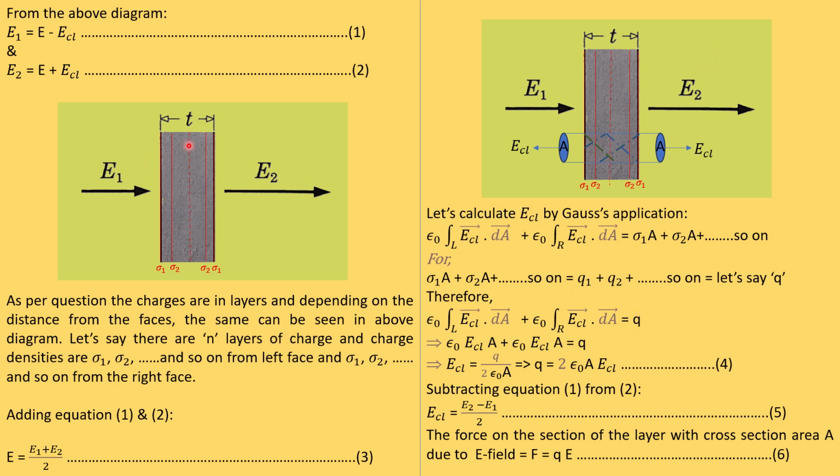Now in the question it is given this is an infinitely large charge layer and the entire thickness was T. So layer was like this. Few layers I have shown by red linings for understanding.